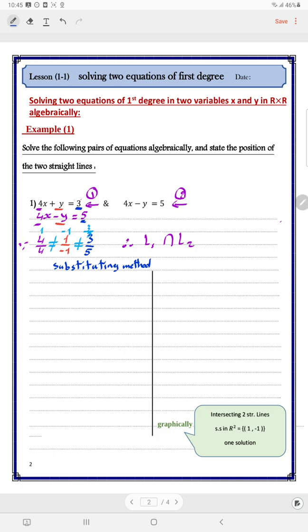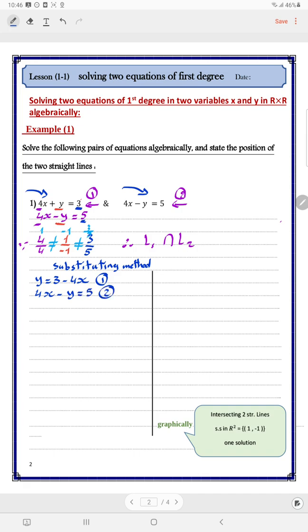Now, here I have equation 1, 4x plus y equals 3. So I will put this equation 1 in the form y equals 3 minus 4x. This is equation number 1. I will use equation number 1 to substitute in equation number 2. I will write equation number 2 first, then continue solving. Equation 2: 4x minus y equals 5.